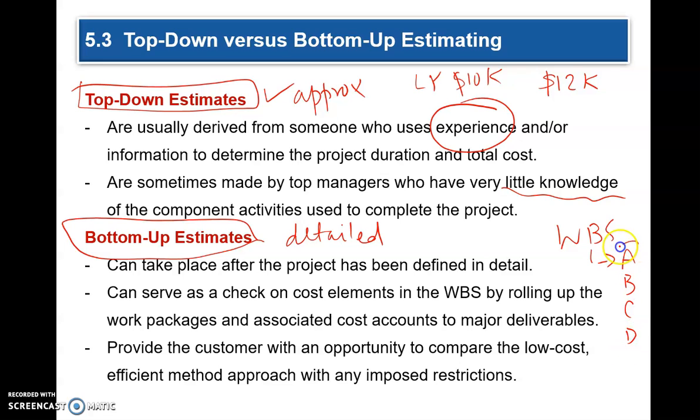And you know how long it will take for each activity, what is the complexity of each activity, who is going to be working on those activities, and using that you can come up with a better detailed estimate. And this is the bottom-up estimate. But this can be done only after completing the WBS.